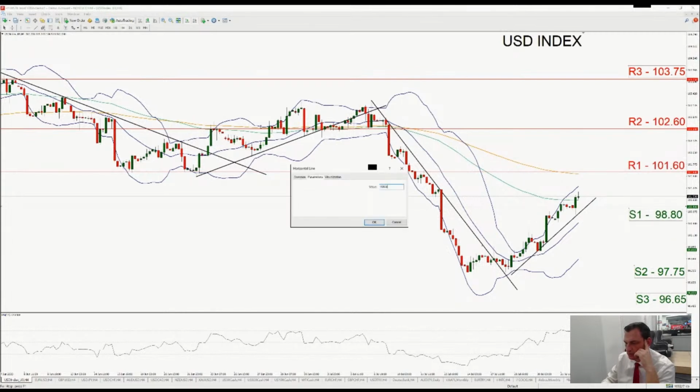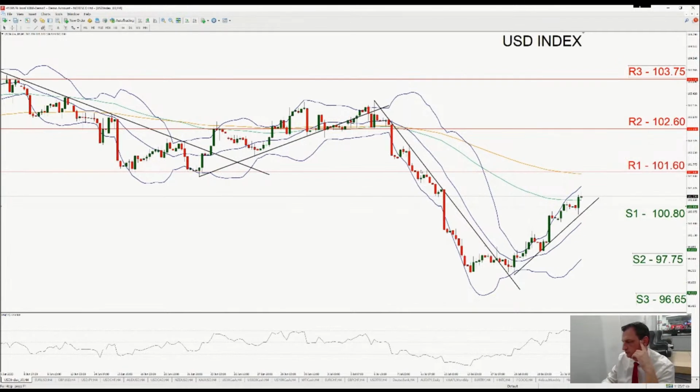Let's see the S1 being placed at 100.8. The S2, 99.80.